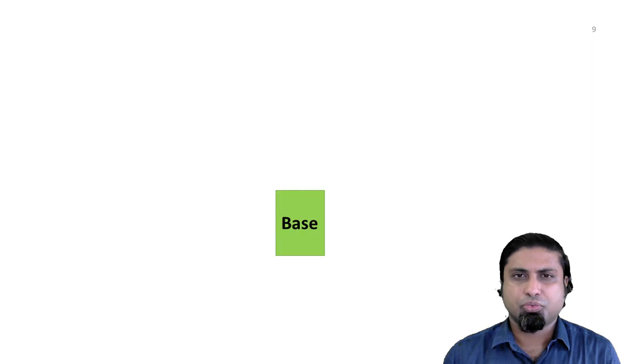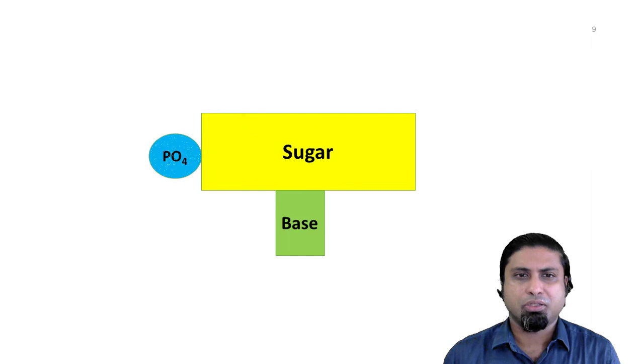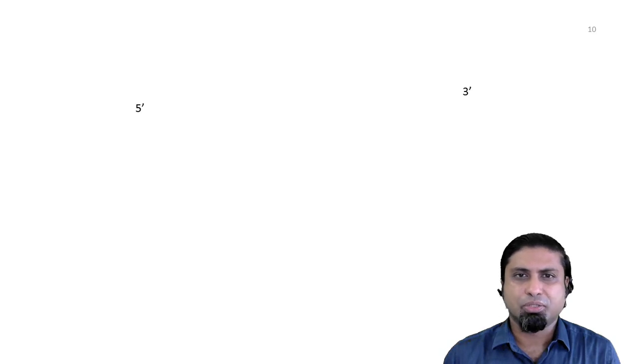So let us take a look at a schematic representation of a nucleotide. This would be a base, the sugar, and the phosphate molecule. The nucleotide has a 5' end and a 3' end. Now, we said that nucleotides polymerize with each other to form nucleic acids. Let us now try to synthesize a nucleic acid. So this would be a nucleotide.